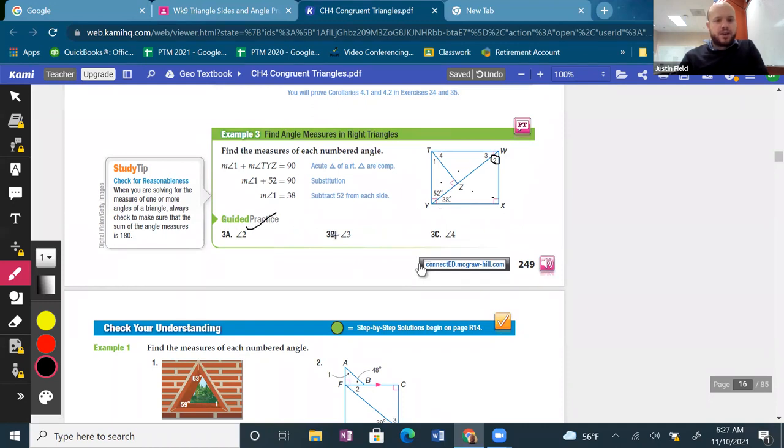You can do that. Angle 3. Well, we know this is 90. And then we can figure out this once we figure out angle 2. You could do that. And angle 4. Well, once you know angle 3, you know angle 4. All right, guys. Have a great time solving all these problems and ask for help when you need it.